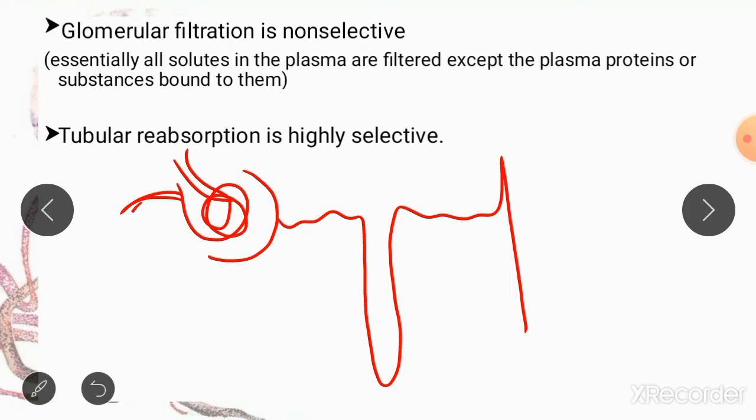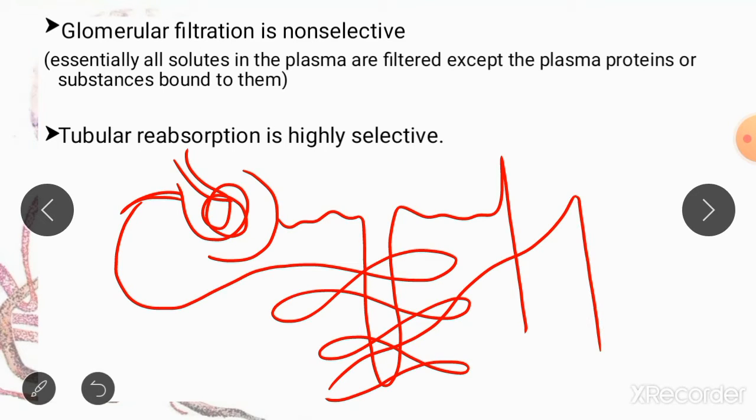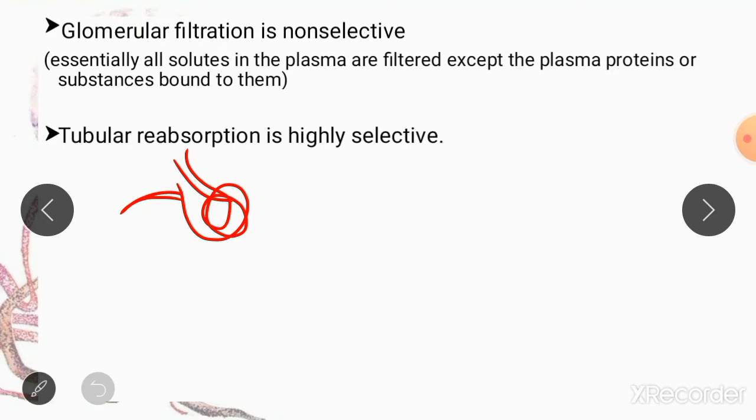And these efferent arterioles form peritubular capillaries around your loop of Henle. Then they form your veins, and they are responsible for most of the reabsorption of filtered substances from your nephron back into your peritubular capillaries, and also a slight amount of secretion from the peritubular capillaries into the nephron. So I hope you understand this concept.